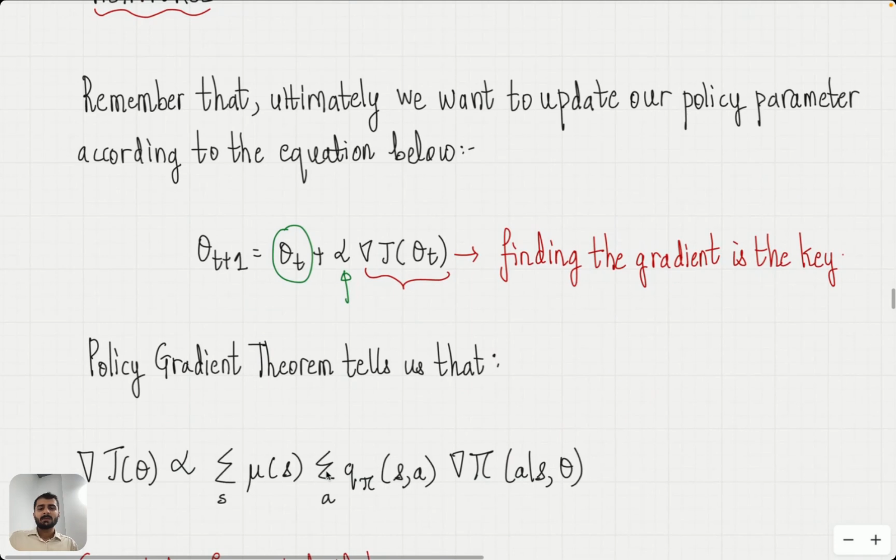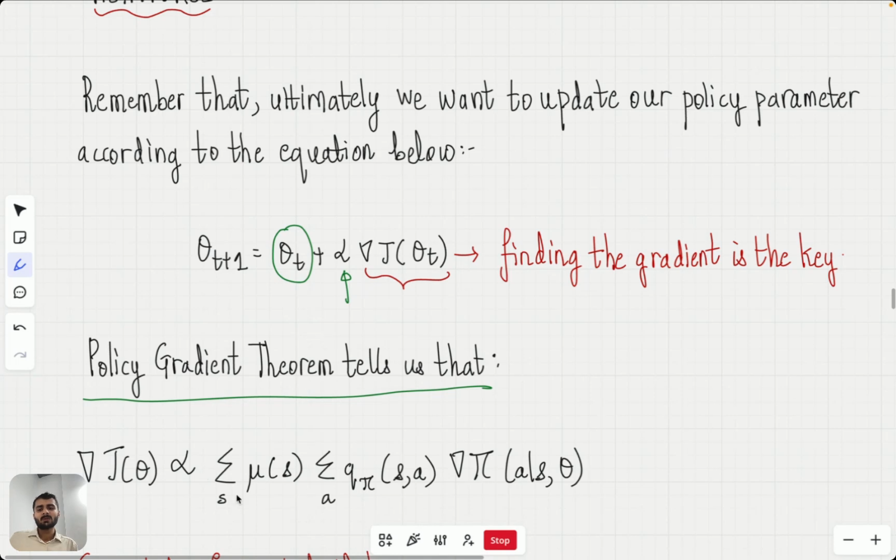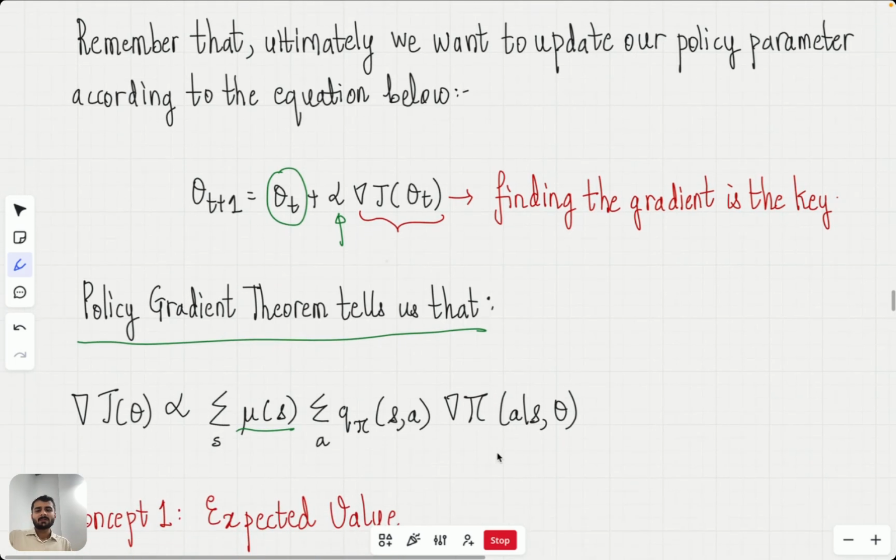Now, the policy gradient theorem tells us that this gradient is proportional to the summation of the state distribution over all the states, the summation of action values over all the actions, multiplied by the gradient of the policy.